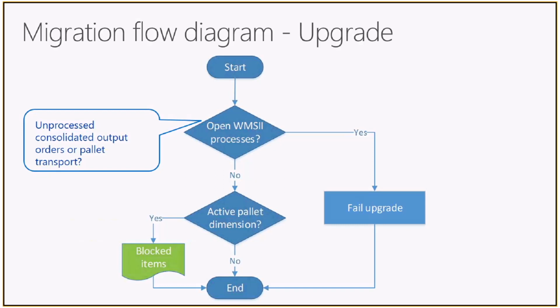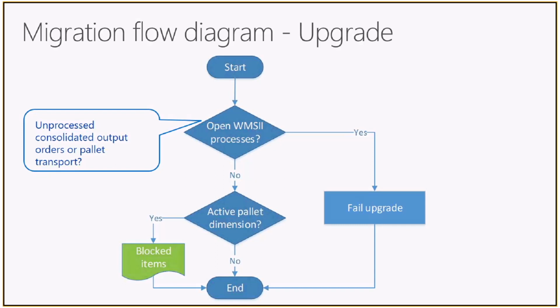So in case you are upgrading with an item associated with a storage dimension group with an active pallet dimension, we will put this item into this entity for blocked items, and you cannot create any kind of inventory transaction updates for this item before you have made a decision about how to migrate it. And besides that, there's some additional validation run.